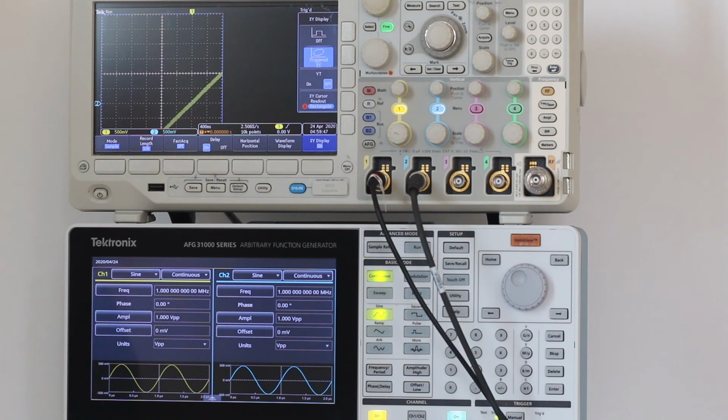If you toggle YT on, the time domain display of the two waveforms appears in the top screen.